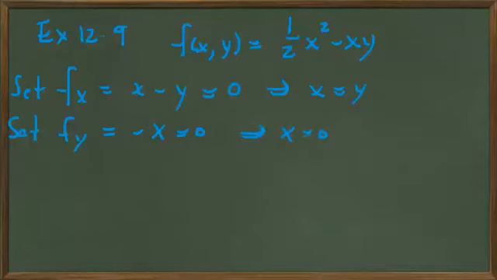So since x equals y, our critical value is going to be x equals 0, y equals 0, or the point (0, 0). Now let's calculate what we need to find the discriminant.